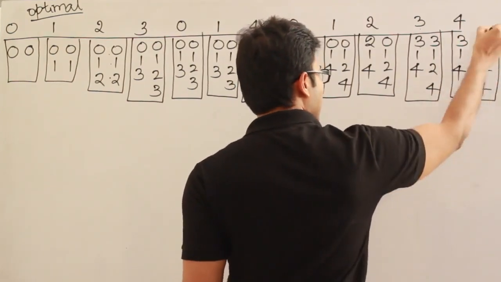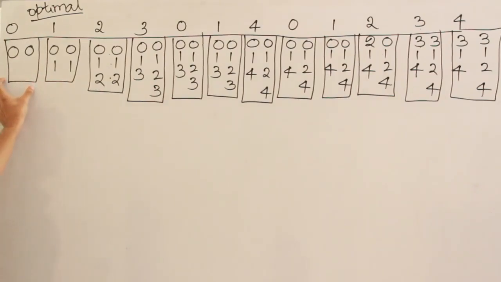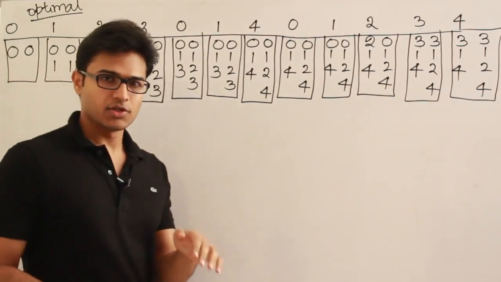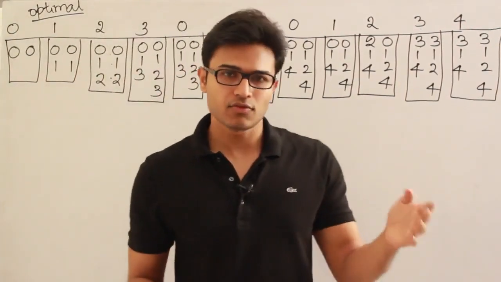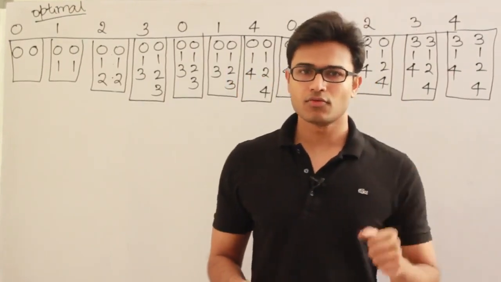So now each box indicates the state of the memory when I had 3 frames and when I had 4 frames. Now if you observe it, for this algorithm, the pages which were present when we had 3 frames are always present when we have 4 frames.